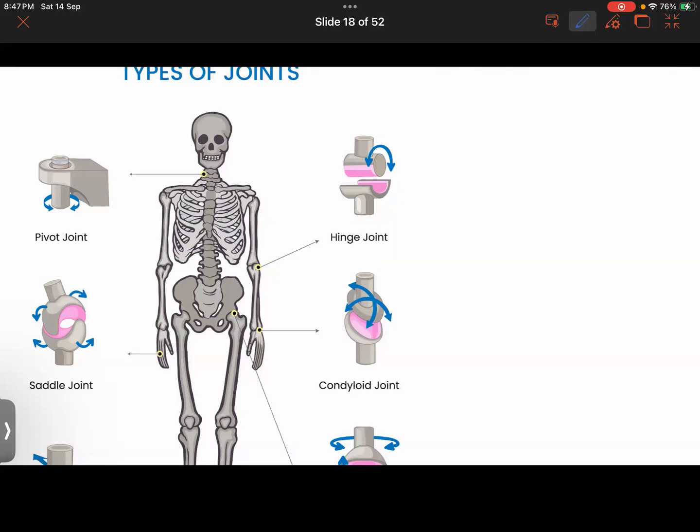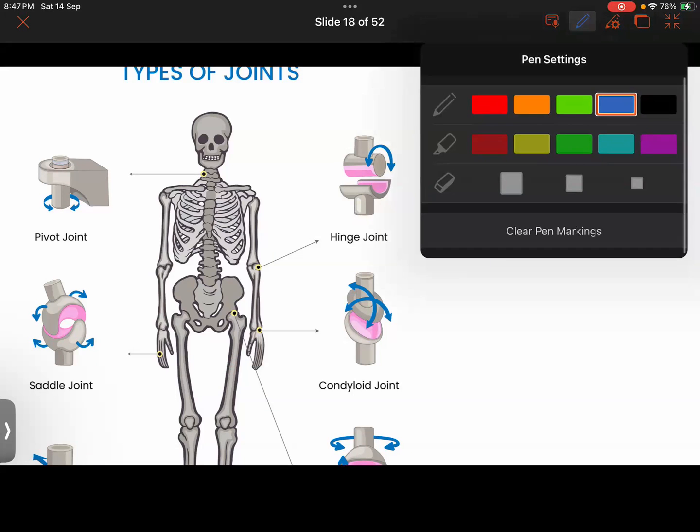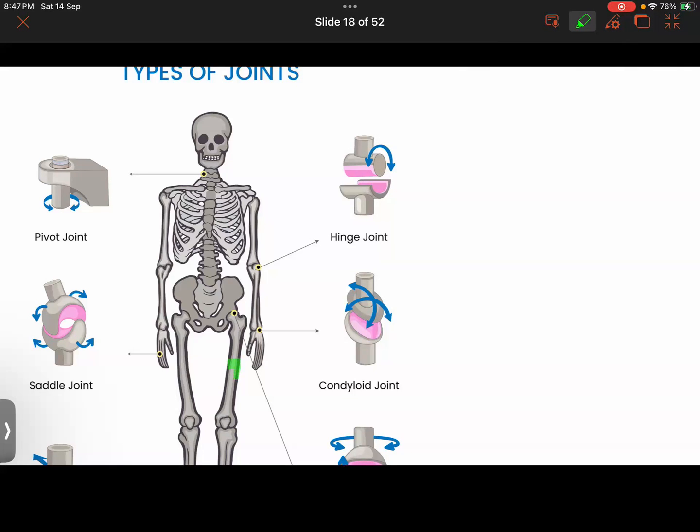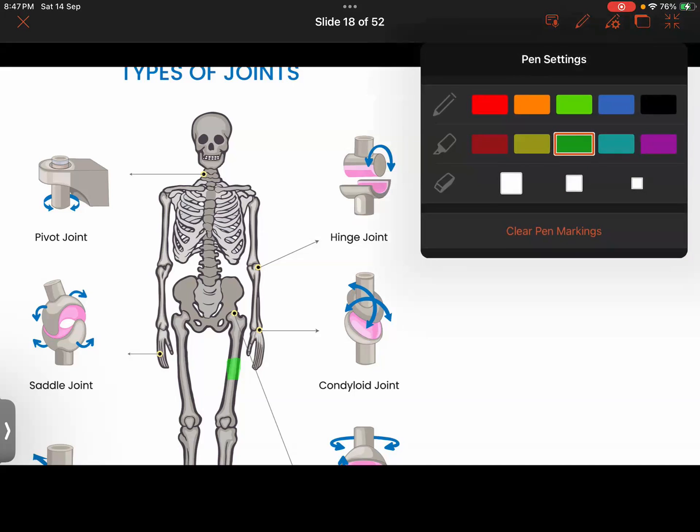But let us say that at this place, let me highlight this, will movement be possible at this place? Are we able to move this part of the bone here? No, sir. Why? Because there is no joint here.